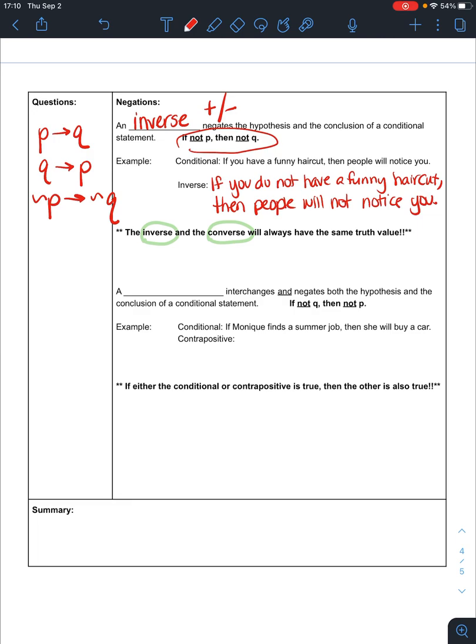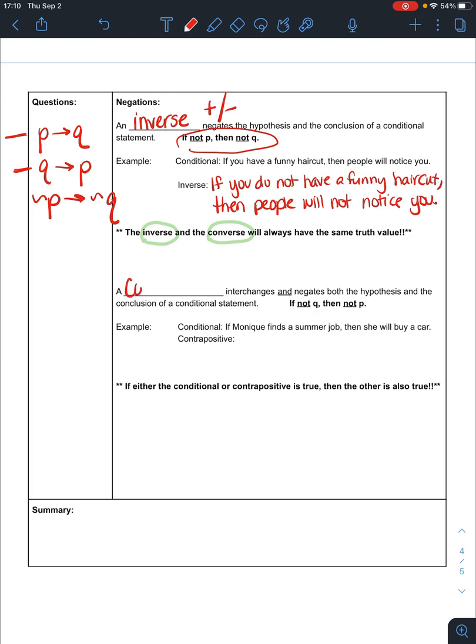Yes, I know I do not want to, and so you get confused. So I think it is easiest to find the truth values of the conditional and the converse. Whatever the truth value of the converse is, that's going to be the truth value of the inverse. So if you're having trouble determining the truth value of the inverse, just figure out what the converse is and determine its truth value.